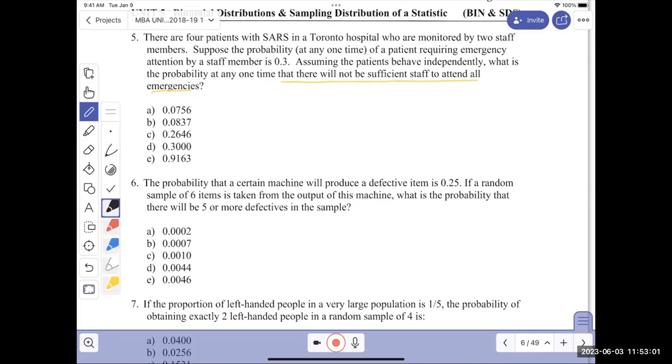So I imagine this is a binomial problem, so I'm going to set it up. X, N, P, K. What is N?